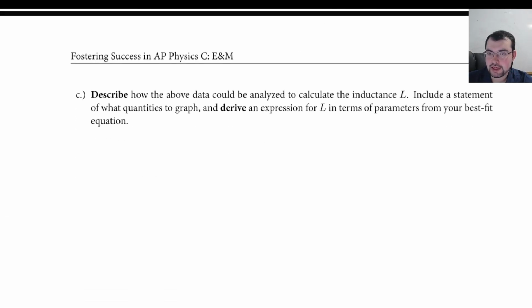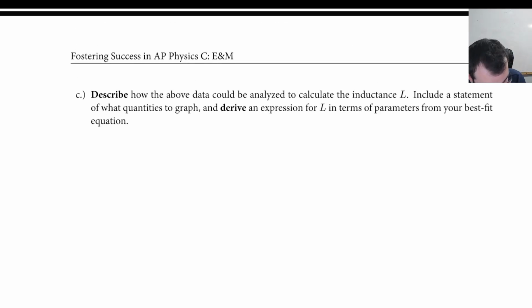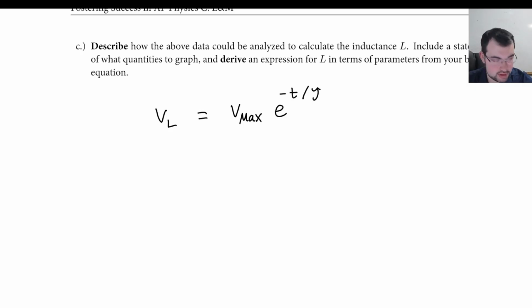How can we use it to calculate L? Well, we know that V_L across the inductor is equal to the maximum voltage across the inductor times e to the negative t over tau. Just like with RC, the trick for this was to take the natural log of both sides.